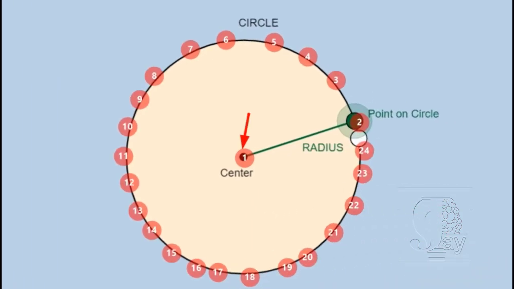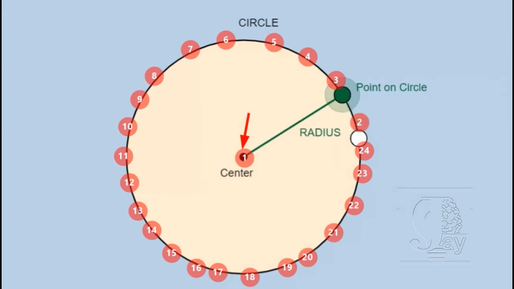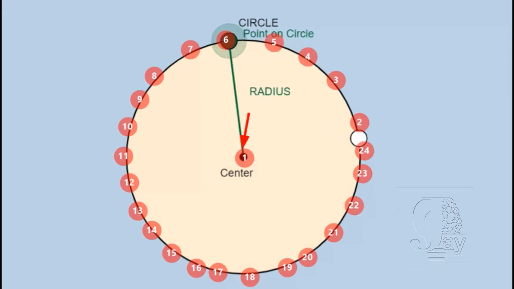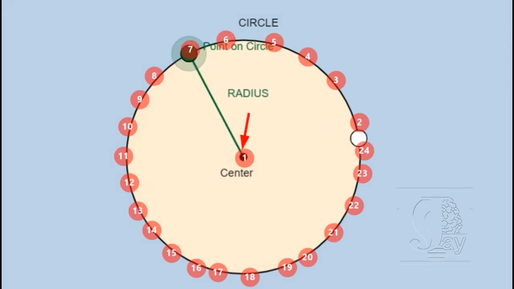This is our point number 1, which is fixed, and there we have so many points. Point number 2, 3, 4, 5, 6, 7. All these points are at a fixed distance. The distance is same from the fixed point.